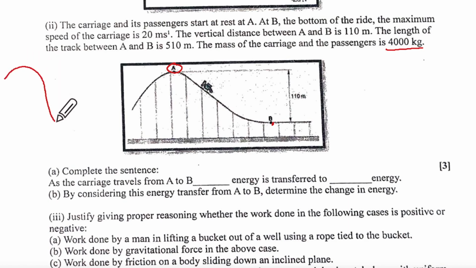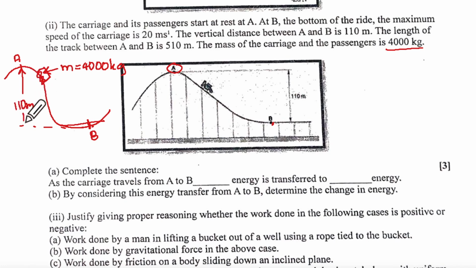So you will show this. This is your B. This is your A. Okay, and this is the carriage. The mass of it is 4000 kg, and from here to here this is 110 meter, and the distance AB, this is 510 meter.